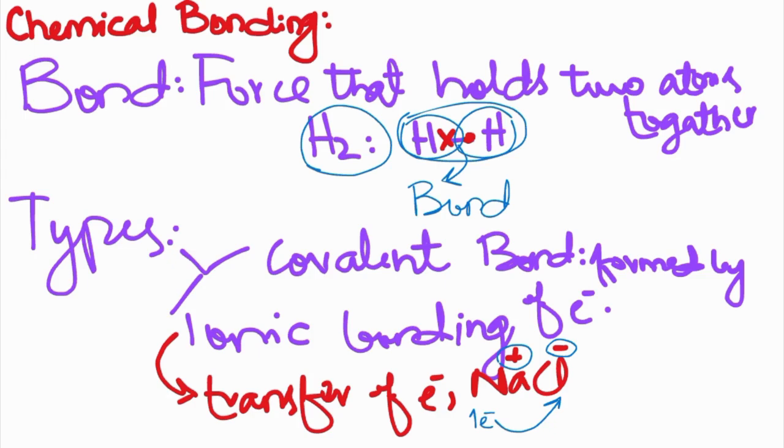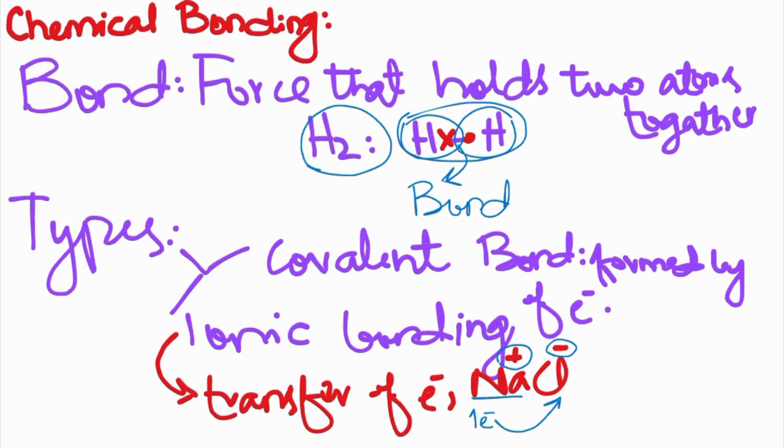And the chlorine has the negative charge. Why? Because whenever the chlorine gets an electron from the sodium, the number of negative charges in the chlorine becomes greater than that of the positive. So that's why the chlorine has the negative charge.